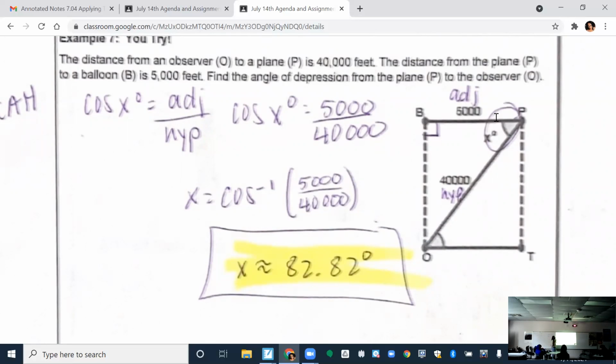So here it is plugged in. Notice it's the angle measure that we're solving for again. So the only way to get x by itself when it's just cosine next to it is to do the inverse of cosine, which is cosine to the -1. Still adjacent over hypotenuse and then 82-ish degrees. Make sense? Any questions?